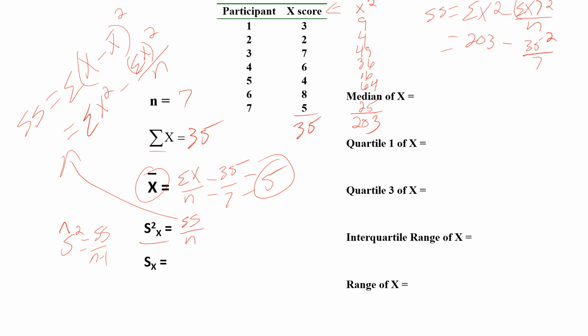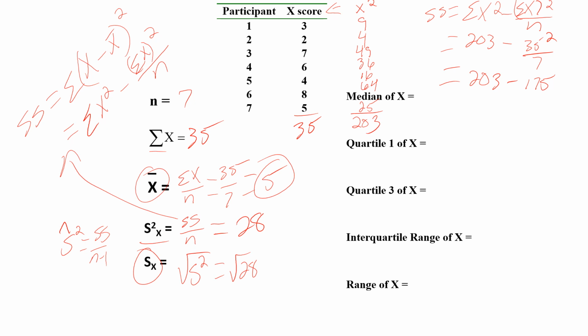So it's going to equal 203 minus 175, which equals 28. Then your standard deviation here is the square root of your variance, so it's going to equal the square root of 28. And I won't even pull up the calculator for that, but you would normally calculate that.